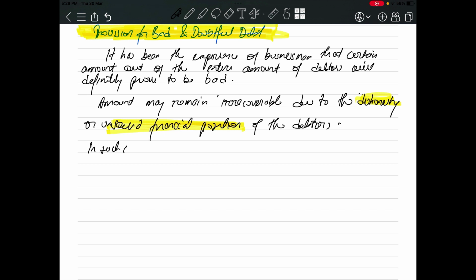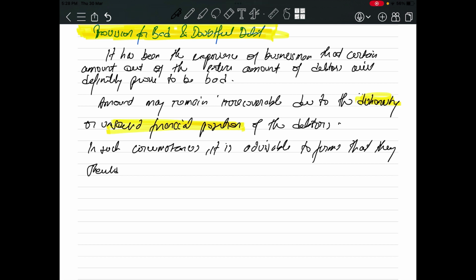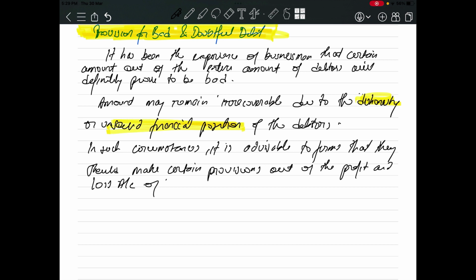Now in such circumstances, it is advisable to firms that they should make certain provisions out of the profit and loss account of the current year.